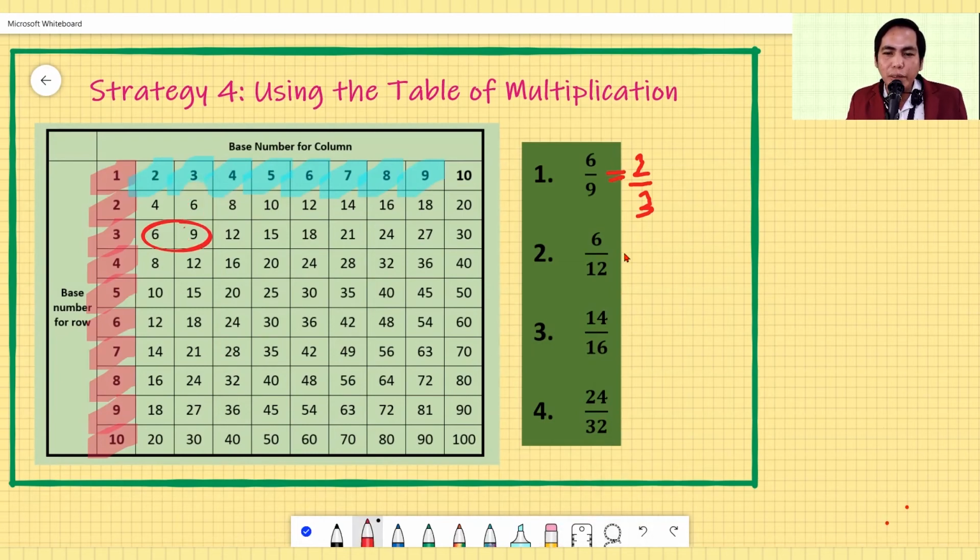We are going to identify the lowest term of 6/12. We can use this 6 and this 12 since they are in the same column, or we can use this 6 and this 12 because they are in the same row. If we use this 6 and 12, the base numbers are 2 and 4.